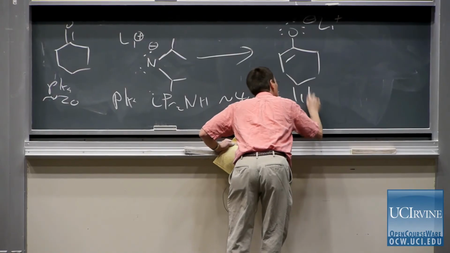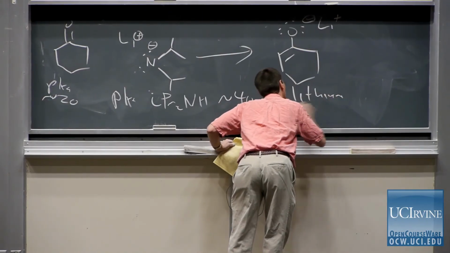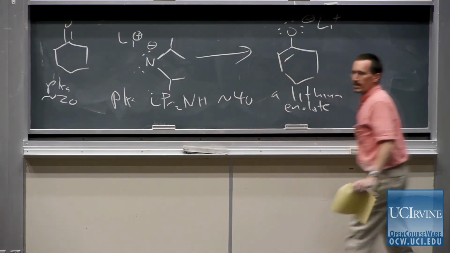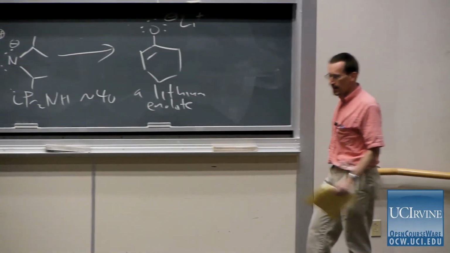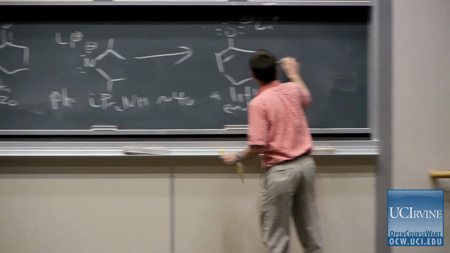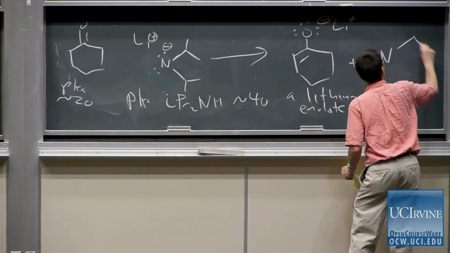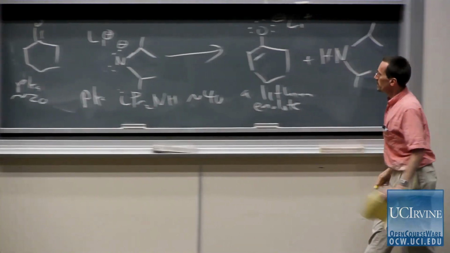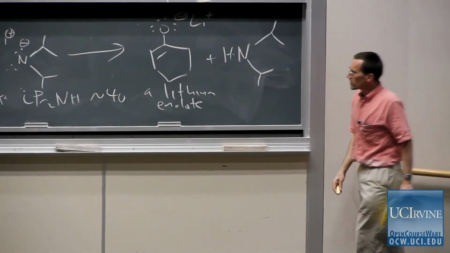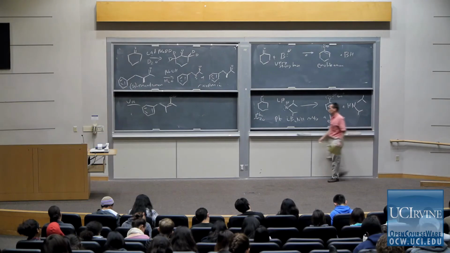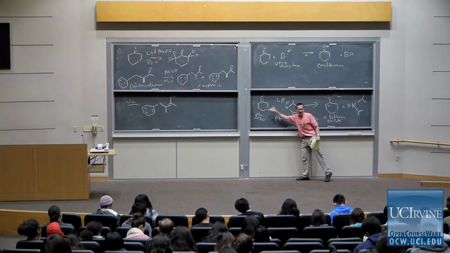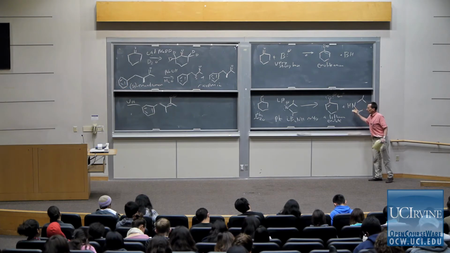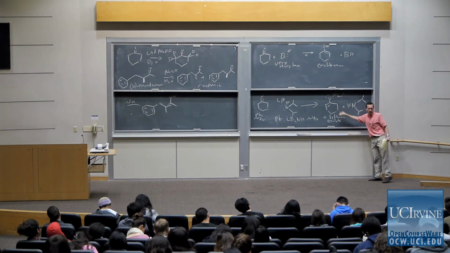Our lithium enolate is essentially formed stoichiometrically, and of course the other component in this reaction is diisopropylamine. So we have an acid-base reaction. Stronger acid plus stronger base reacts to give weaker acid plus weaker base.